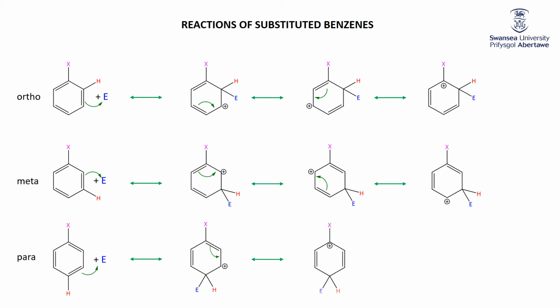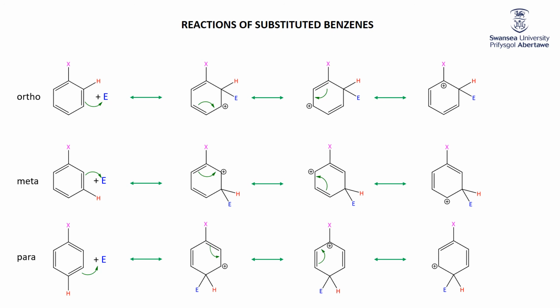So now we have the positive charge on carbon 1, and of course I can move the 2 electrons from this bond here to that bond there, moving the positive charge back to carbon 5. So again, notice here, ortho and para, the positive charge is stabilized on carbons 1, 3, and 5. And for the meta, it's stabilized on carbons 2, 4, and 6.